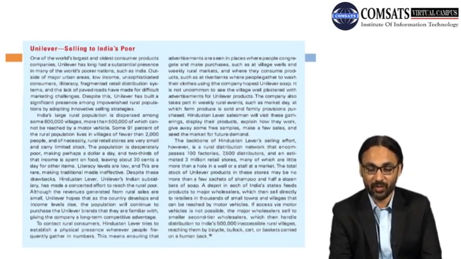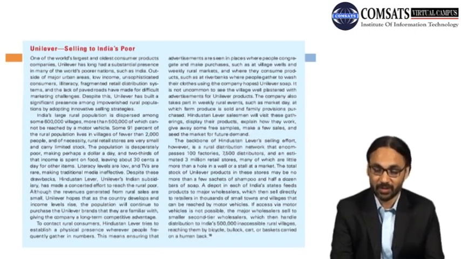If access via motor vehicle is not possible, the major wholesalers sell to small second-tier wholesalers, which then handle distribution to India's 500,000 inaccessible rural villages, reaching them by bicycle, bullock carts, or baskets carried on a human back.